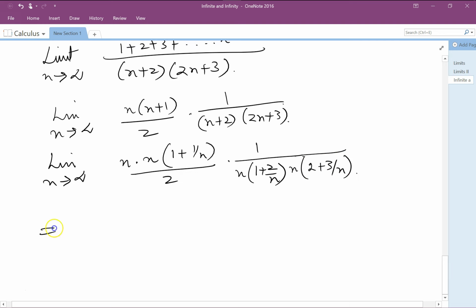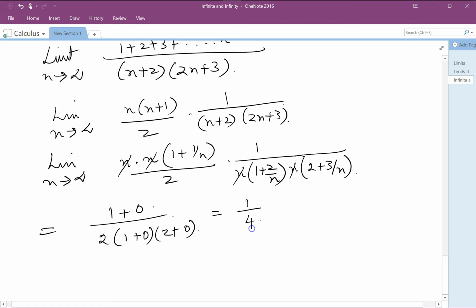So now let's do the substitution. What happens? n gets cancelled, n gets cancelled. So 1 plus 0 it becomes 2 times (1 plus 0). Let's do it step by step: 1 plus 0 and 2 plus 0, which becomes 1 by 4.